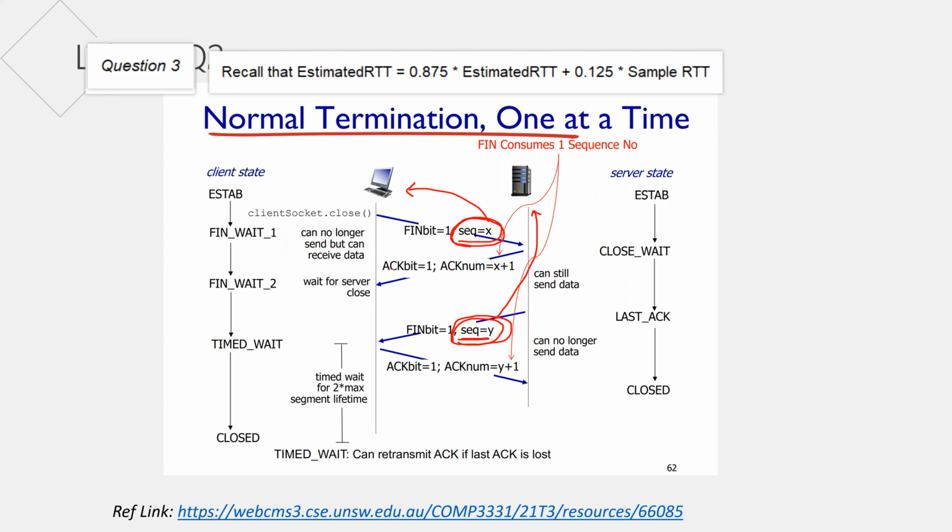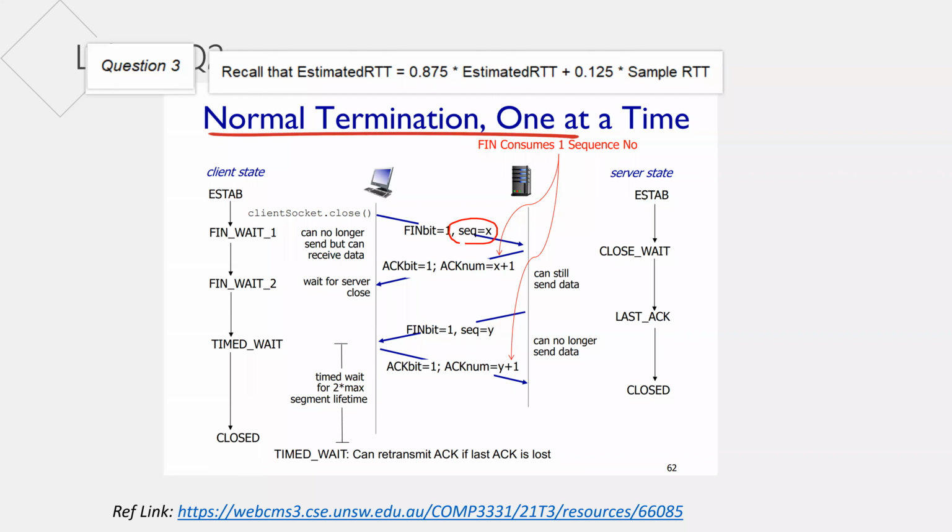But the acknowledgement here will relate to the sequence number from the other side, right? That's how we use the sequence number. You should be aware that we have a different sequence number for both sides.